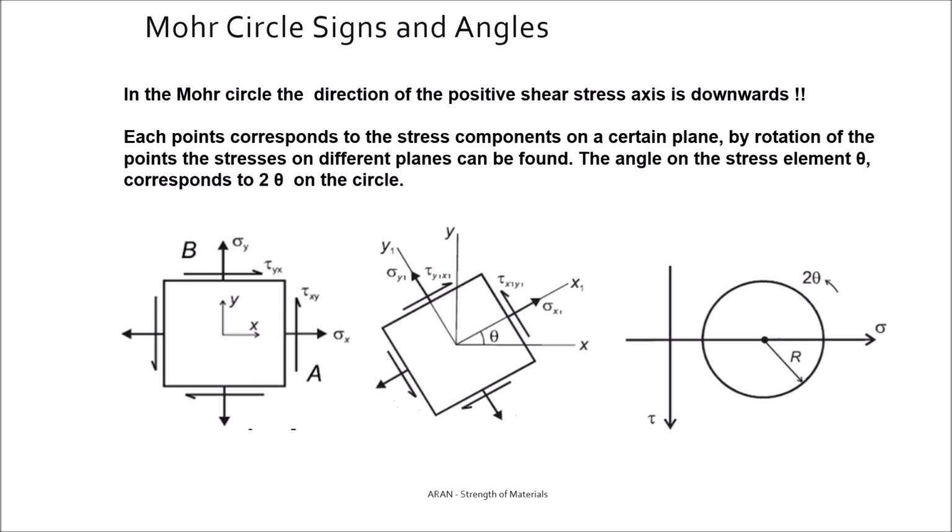Please note that in the Mohr circle, positive shear tau is downwards, and positive sigma is to the right. So we know that in the Mohr circle, each point corresponds to the stress components on a certain plane.